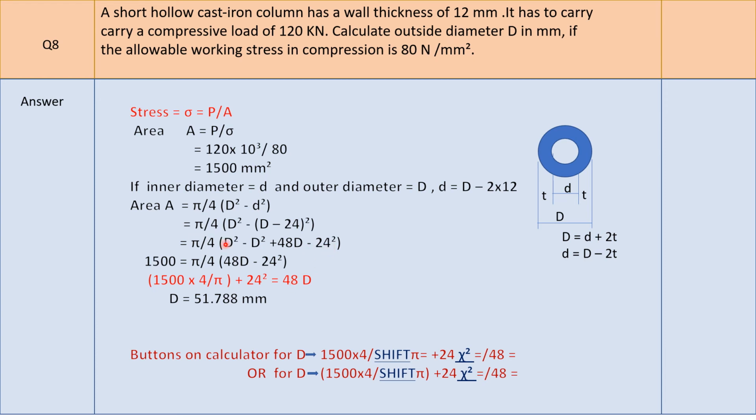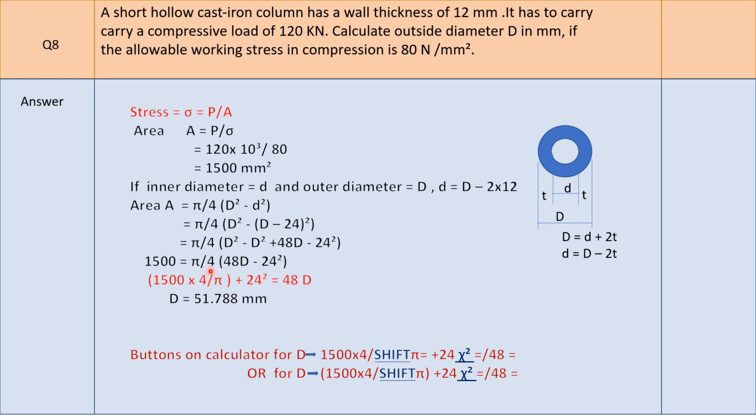Now this D square and minus D square get cancelled, so what remains is pi divided by 4 into bracket open 48D minus 24 square bracket close, and I substitute the value of area here, that is 1500.